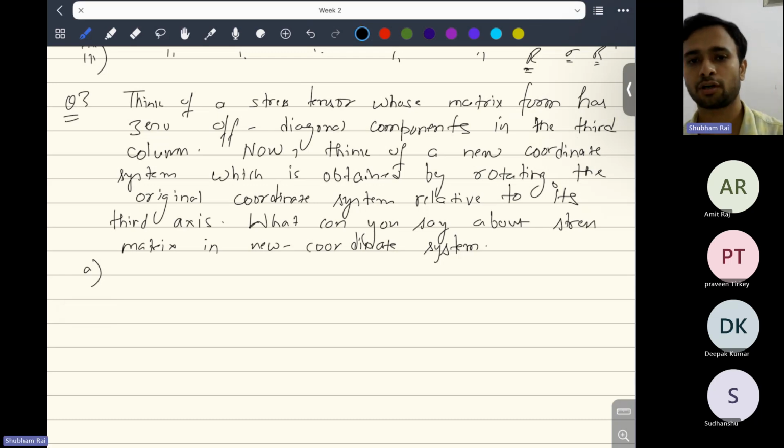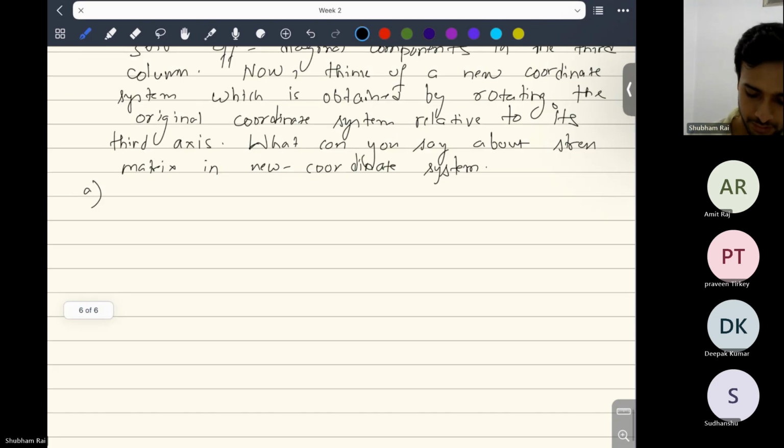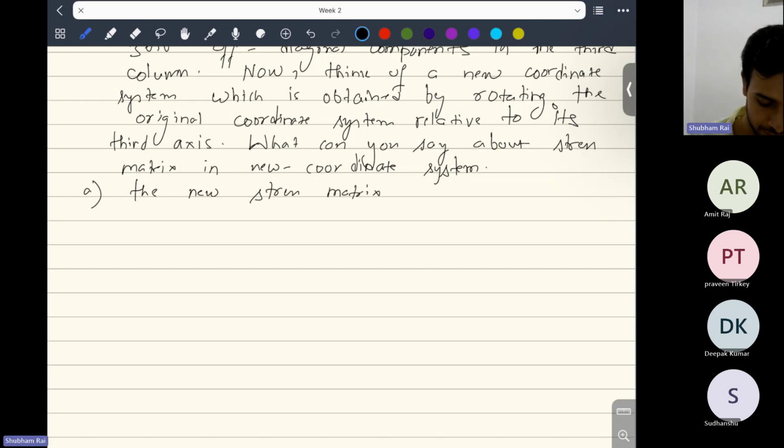We have to think of a new coordinate system obtained by rotating the original one relative to the third axis, and say something about the stress matrix representation in the new coordinate system. You have to tell which option is correct.